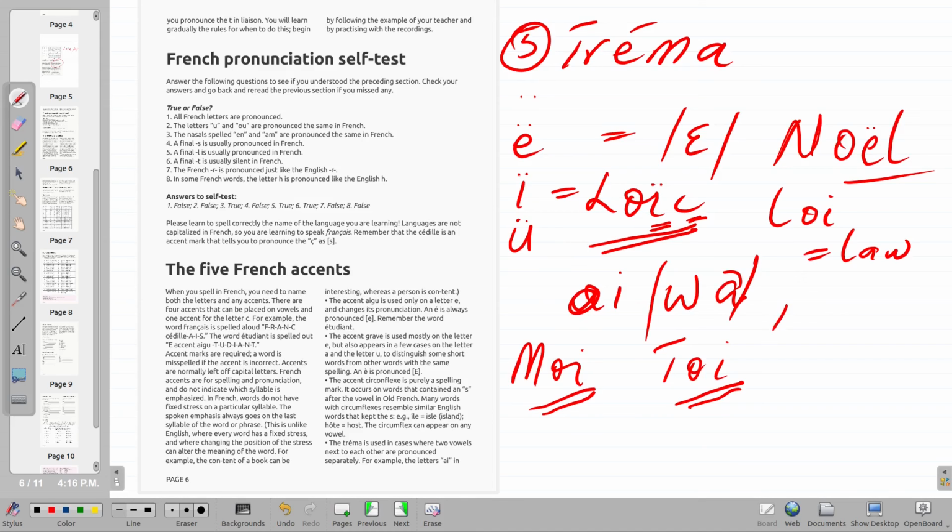Another word is naïf, instead of nef. Why? Because A and I will give you the sound E. When you see A and I, that will give you the sound E. So we have here naïf, which is to be naive.